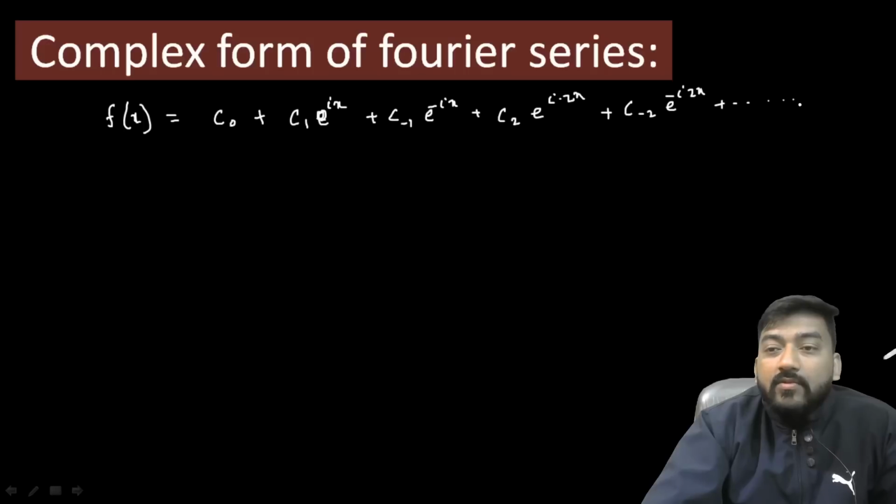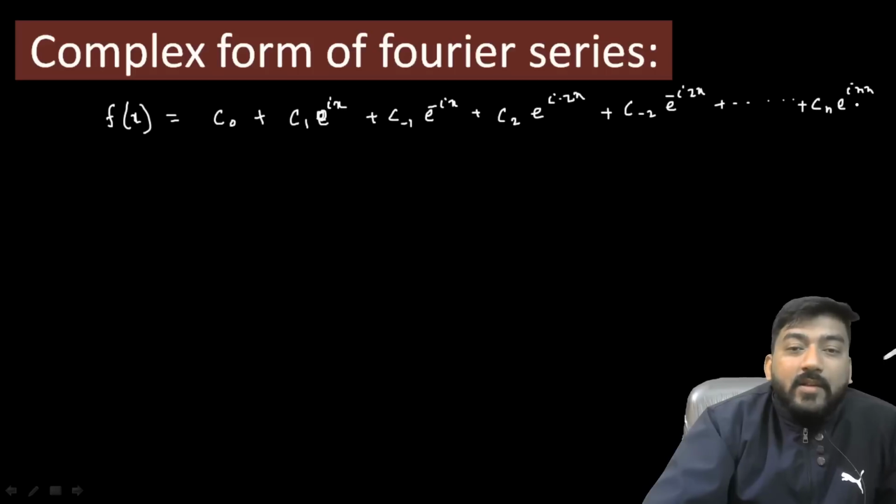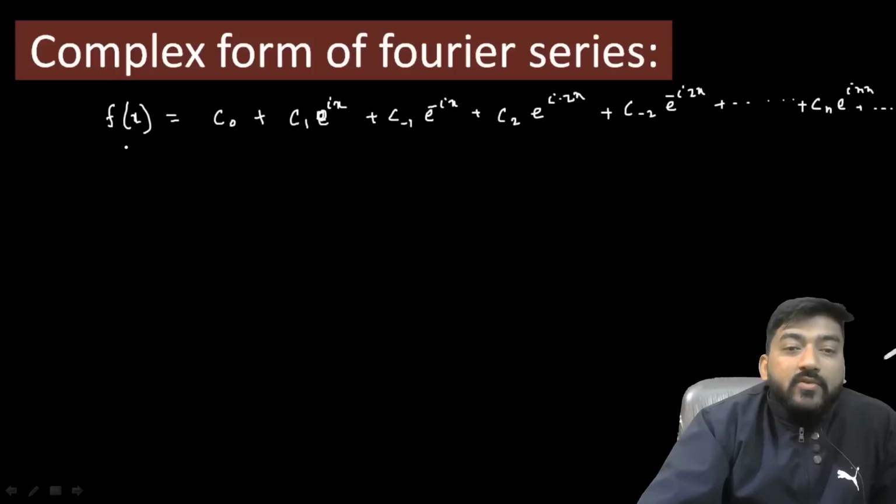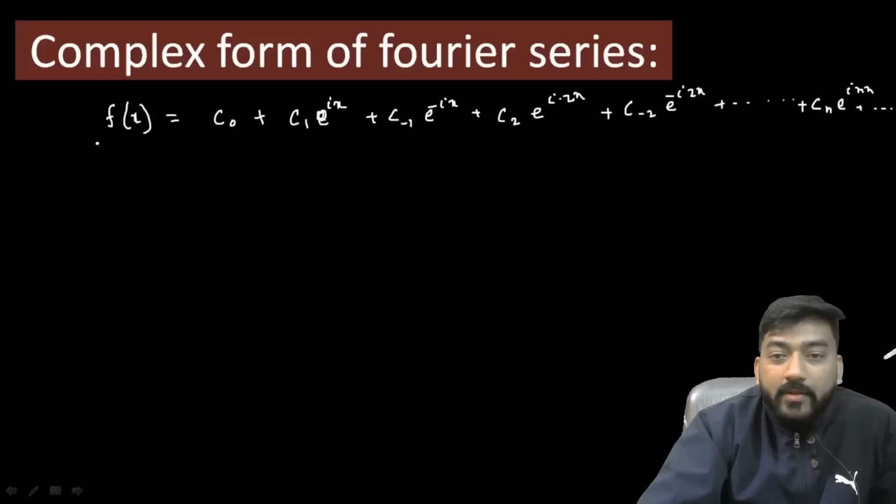There will be cn e to the power inx also, so this term will be present as the n-th term, and it will go on to infinity. Okay, so now let me find out cn and c0.